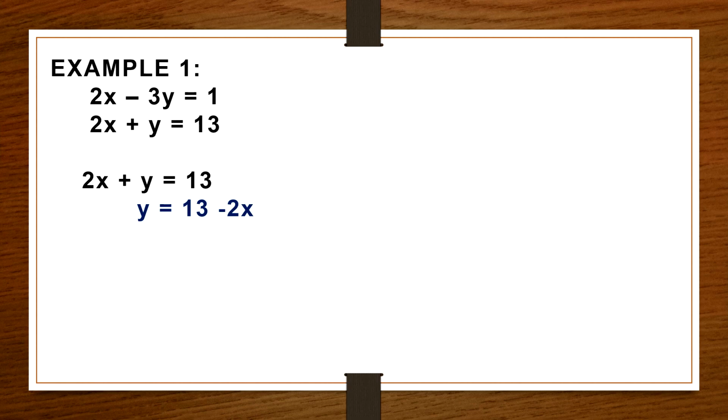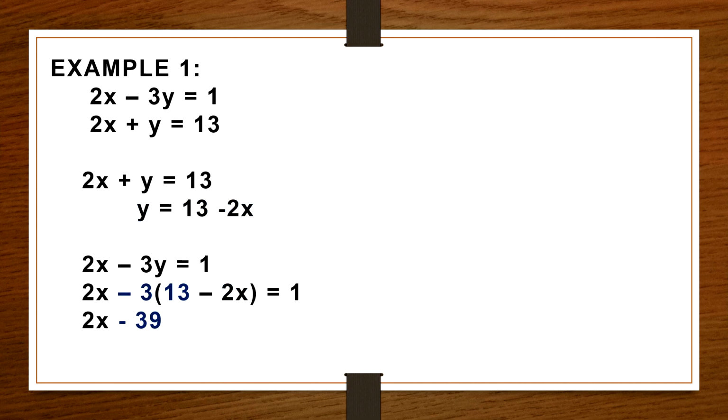The next step is to substitute the expression for y in the other equation and solve for x. So let's substitute the expression for y here. 2x minus 3 times (13 minus 2x) equals 1. Let's distribute negative 3 to 13 minus 2x.